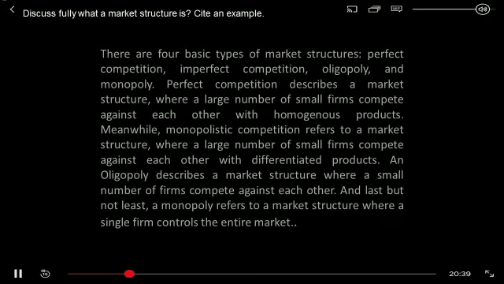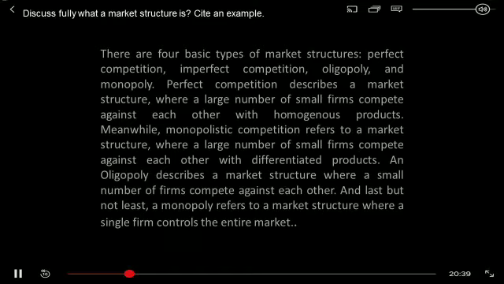There are four basic types of market structures: perfect competition, monopolistic competition, oligopoly, and monopoly. Perfect competition describes a market structure where a large number of small firms compete against each other with homogeneous products. Monopolistic competition refers to a market structure where a large number of small firms compete against each other with differentiated products.